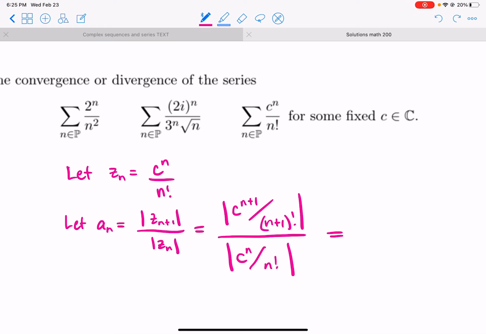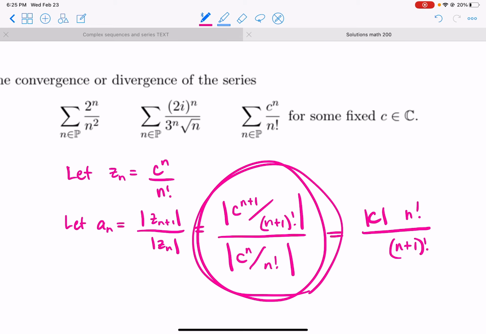So let's see, we have n of them down here and n plus 1 up there. There will be 1 left over. And then there will be this. This is in the denominator, and this will come up into the numerator. That is just some fraction stuff, so get good at that.